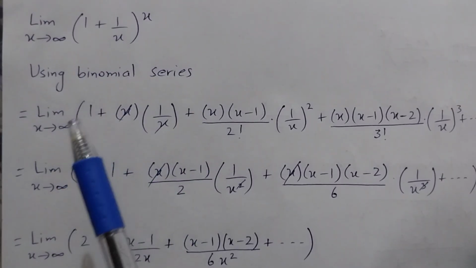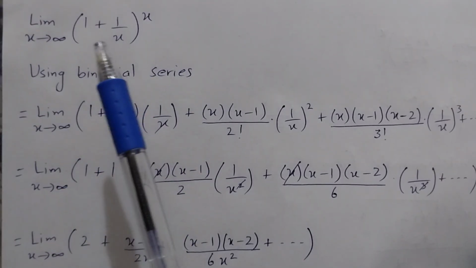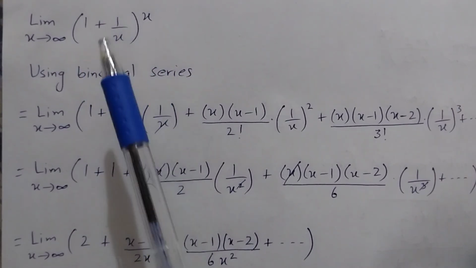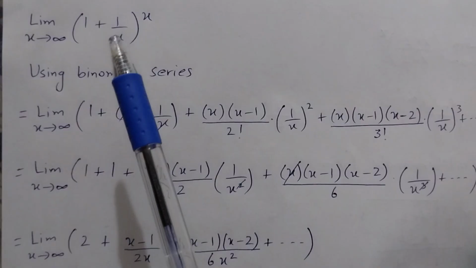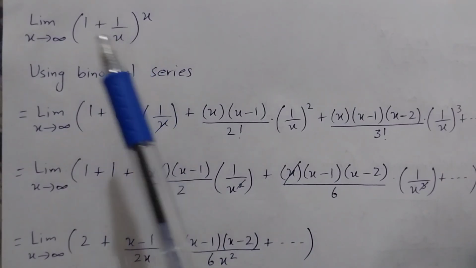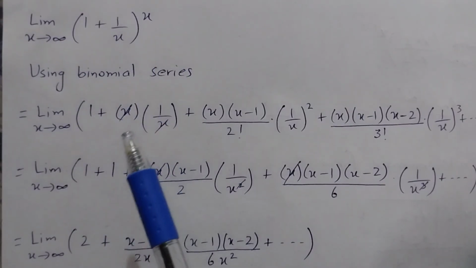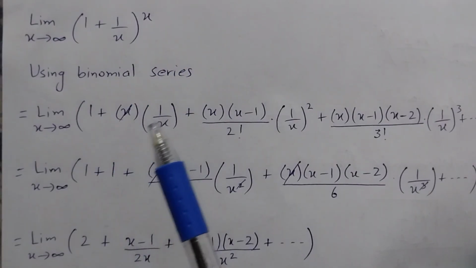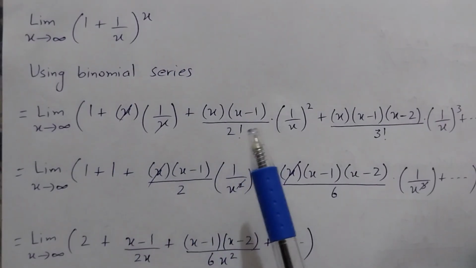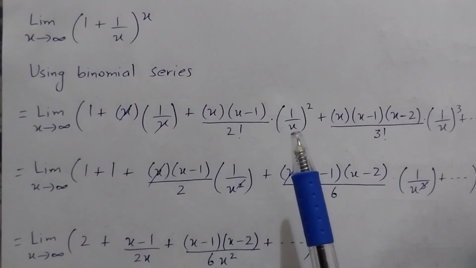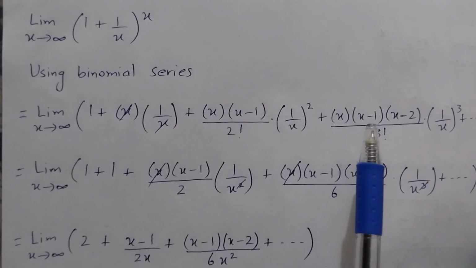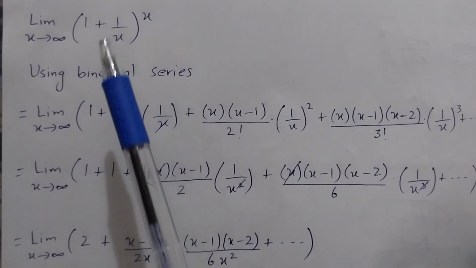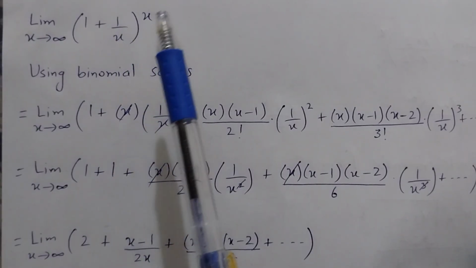The binomial series is: (1 plus x) raised to power n is equal to 1 plus nx plus n(n minus 1) over 2 factorial times x squared, and so on. Here we have 1 over x in place of x, and x in place of n.